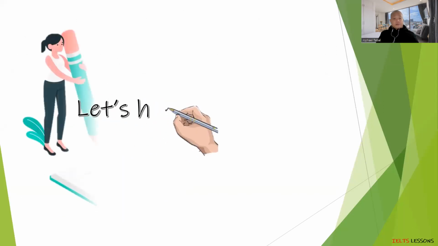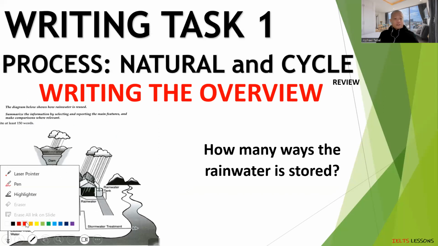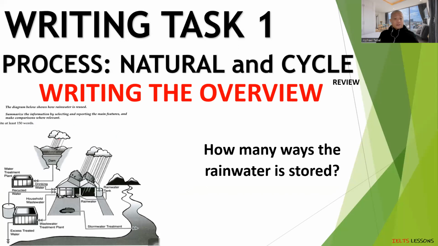In this diagram, it doesn't have to be standard or rigid that you start from left to right. It doesn't have to be that way. You shouldn't feel you must start from left to right, top to bottom.